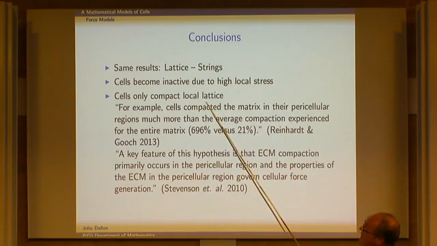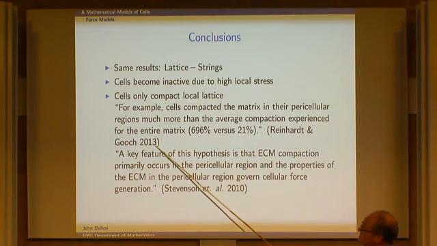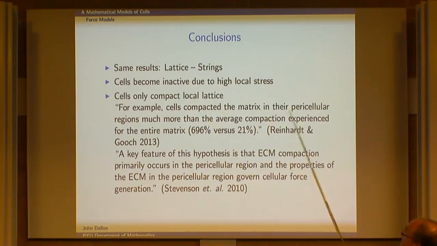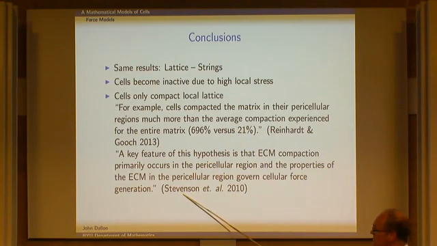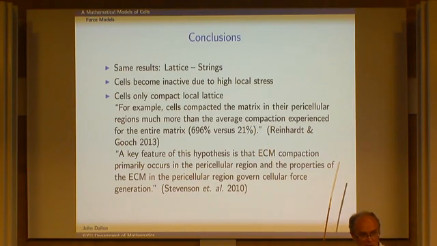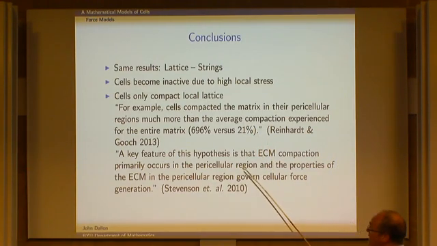The cells only compact the lattice local to where they are, and this is consistent with what Gooch found in 2013. He did some modeling and some experiments, and he said the cells compacted the matrix in the paracellular region much more than the average compaction experienced in the entire matrix. Then Stevenson, who did modeling only, was trying to match data with different densities of collagen, not time data, and could only match it if they assumed that the ECM compaction primarily occurs in the paracellular region.